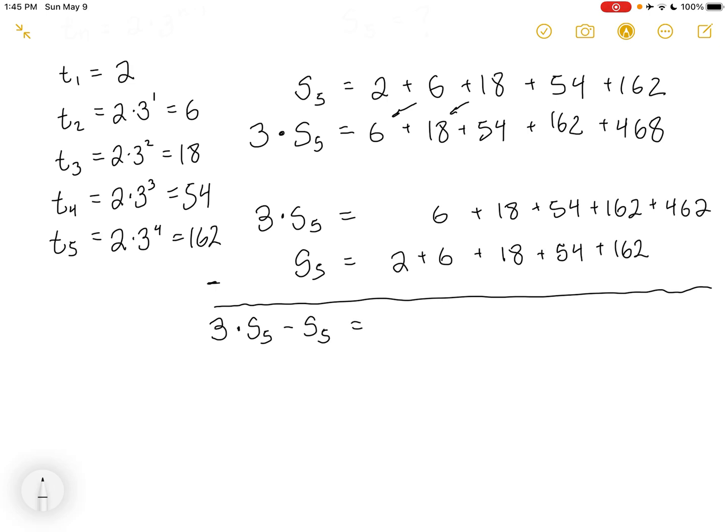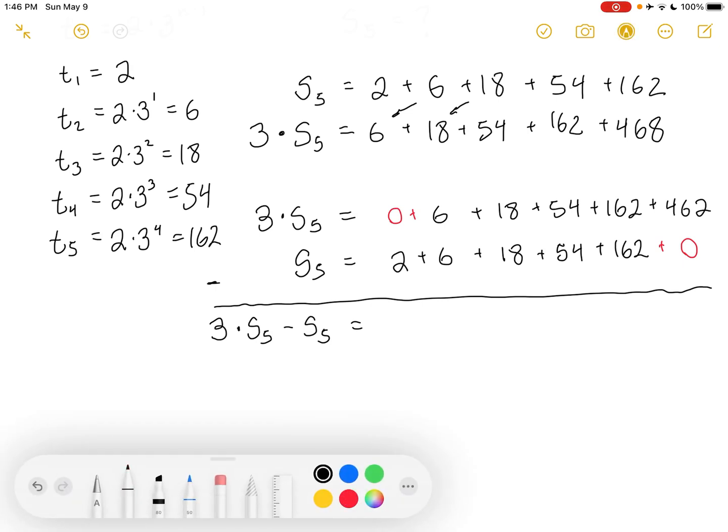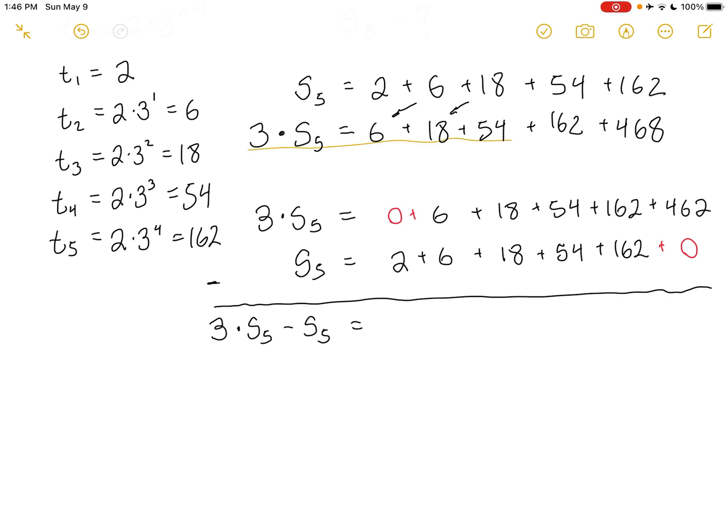equals, and now I'm going to start at the end on the right. So this is like 462. I know that these aren't in here, but just so we have something to subtract, I'm going to add these in. So 462 minus 0. I'm sorry, this is wrong. It's not 462. I don't know why I read that wrong on my calculator.